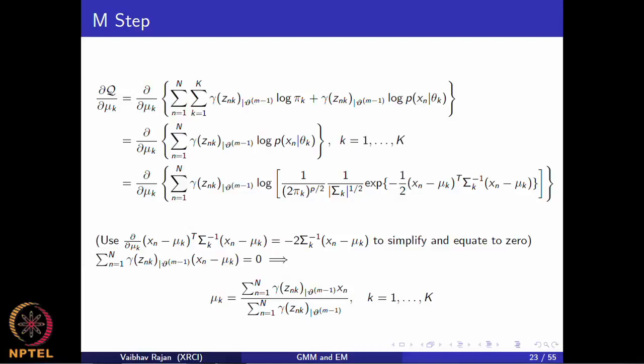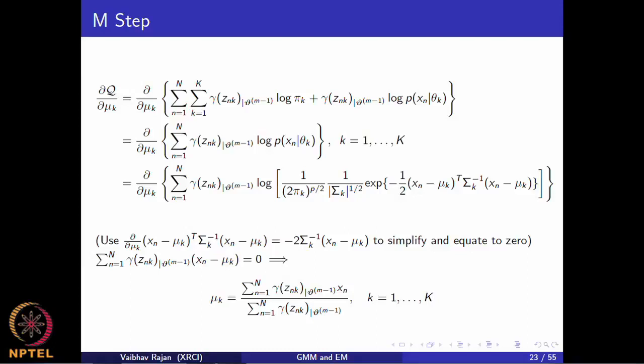Now one thing to remember here is that this parameter, the guessed parameter at the previous iteration, we know these parameters, so we know the responsibilities. So the responsibilities are just constants in this case, right, and so differentiating this becomes very easy.